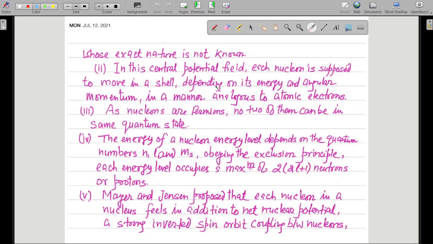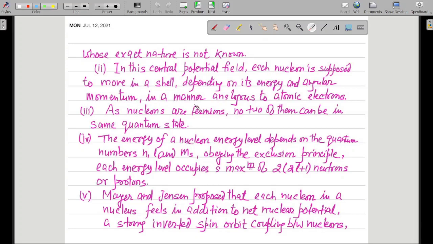As nucleons are fermions, you know this very well, that nucleons means protons and neutrons, and protons and neutrons are fermions. They are not bosons. I had already told you the difference between fermions and bosons in a previous lecture.